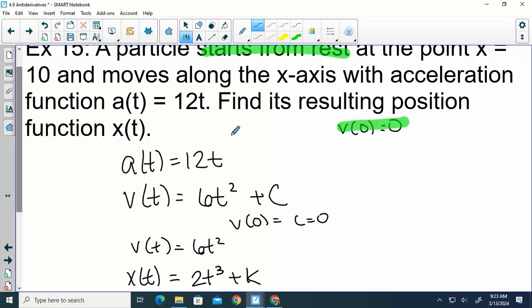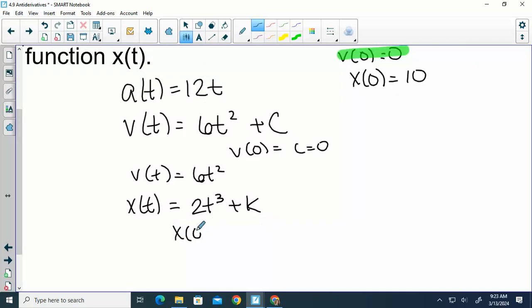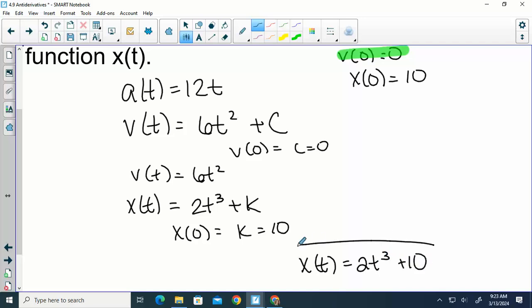Here's the other thing we know. When it starts, our position at time 0 was 10. So our position function is 2t cubed plus 10. I put in a 0 because it was the beginning position.